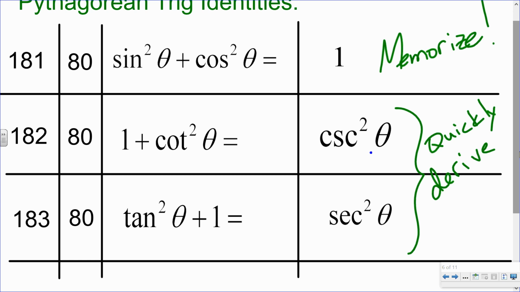Is that what we get when we subtract sine squared from both sides of this one? So that would be cosine squared. What if I had one that said 1 plus cosine squared? Can I get that from any of these three? No. I can get 1 minus cosine squared, but not 1 plus cosine squared. So 1 plus cosine squared, we don't know what in the world that's equal to.